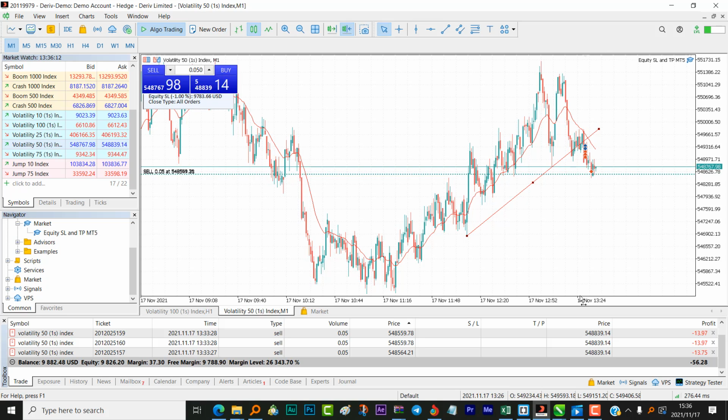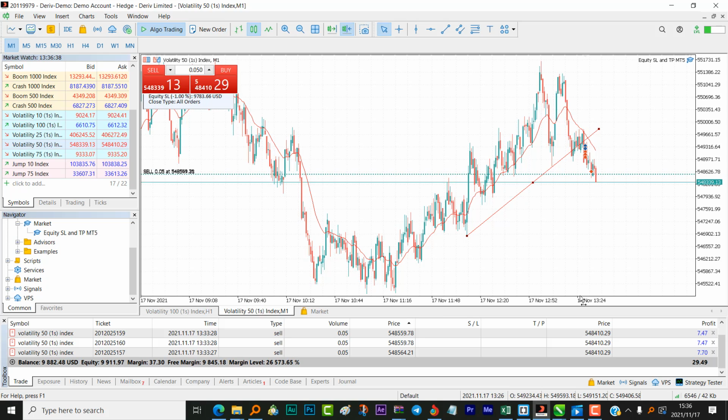Here I just placed a trade so that I could demonstrate how the stop loss and take profit works. We're waiting to see if this goes into profit, and what we can do if you want to take profit at a certain level that is not actually our target, but we want to take profit at that level.